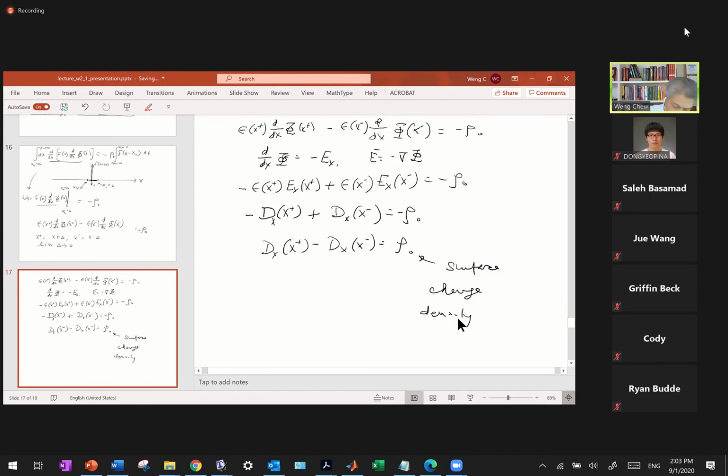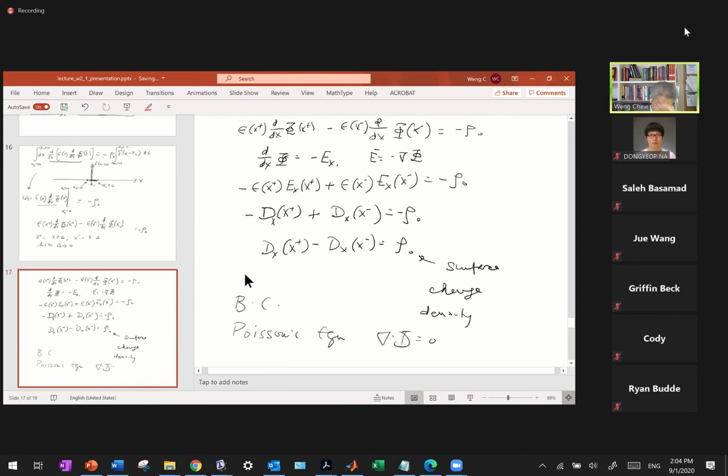Okay, which is that let's look at the boundary condition from Faraday's law. This is the boundary condition from Poisson's equation. Okay, Poisson's equation follows from the divergence of D equal to 0 equation.